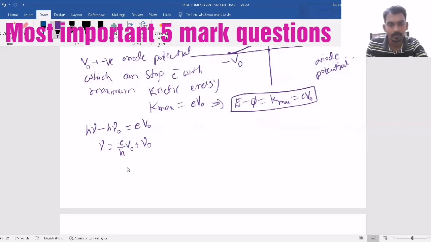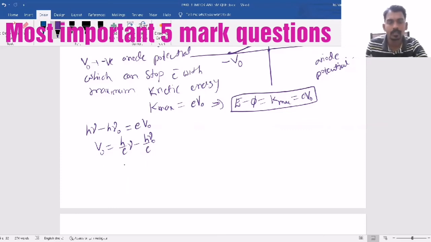Now you can draw the graph between frequency and stopping potential also. Or in reverse you can write it. See, V naught will become h by e into nu minus h nu naught by e.